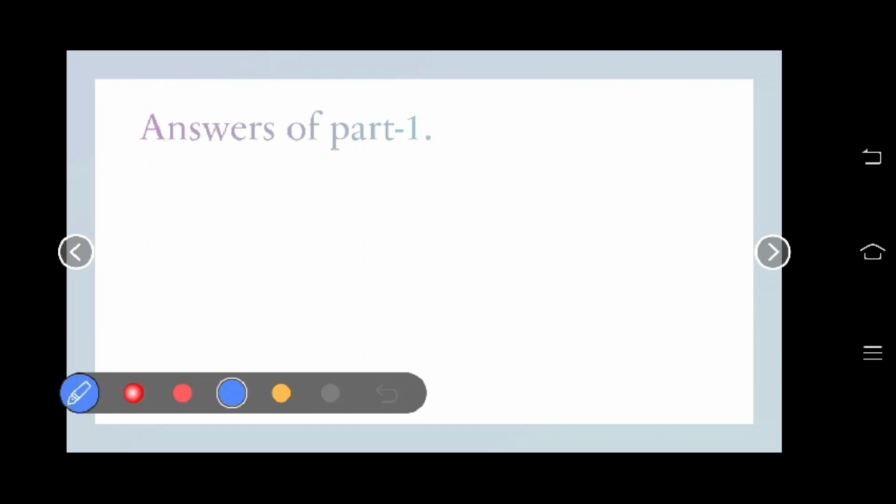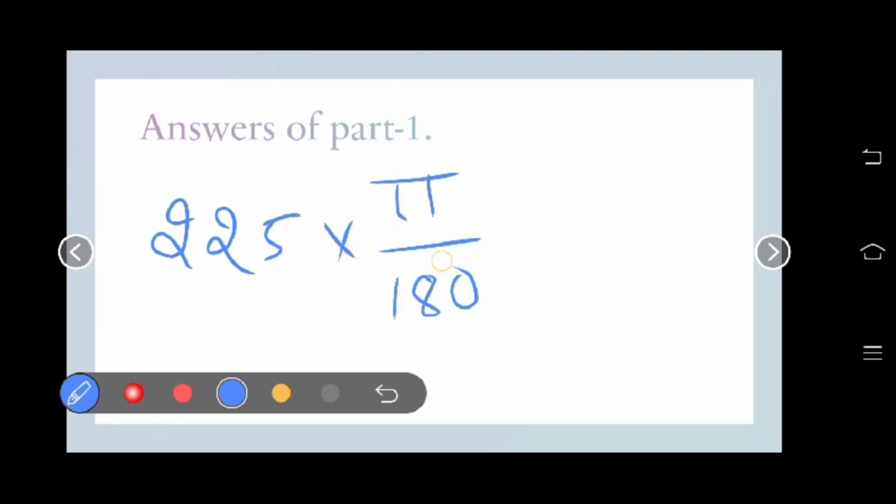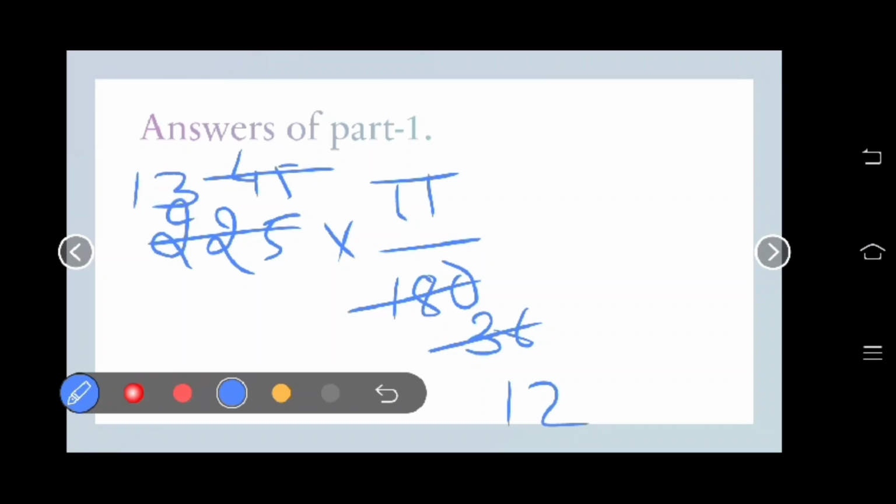So the first question is, analyze and assess the value of 225 degrees and convert it into radians. If you want to convert degrees into radians, you have to multiply by pi by 180. So 225 into pi by 180. This goes 36 times and this goes 45 times, and 12 times and 13 times.